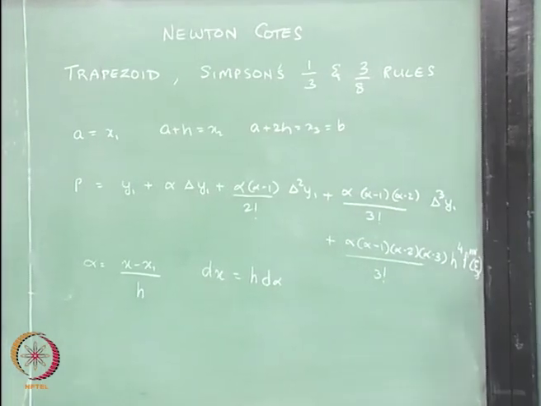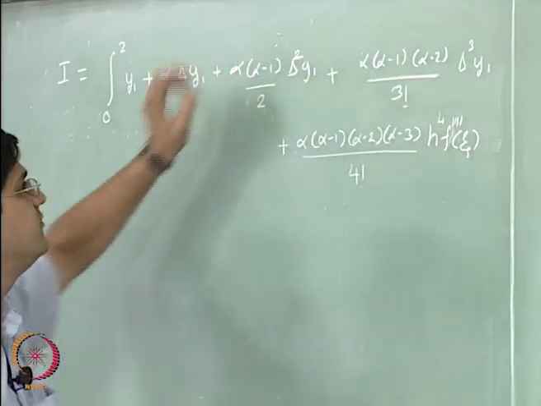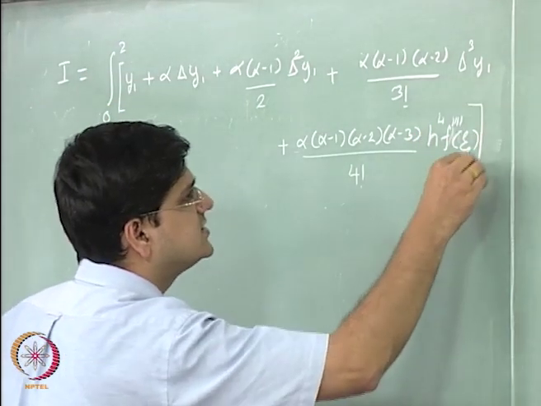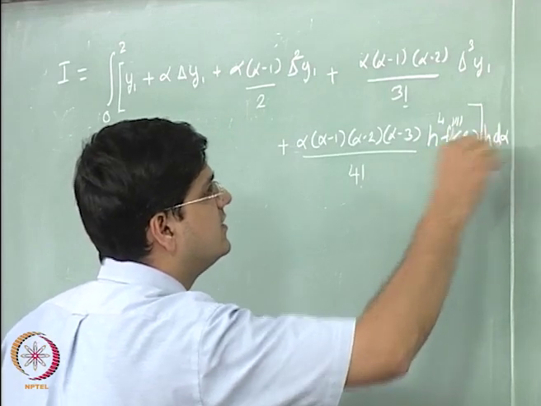I have written that polynomial, and the integral of that polynomial with dx is what our I is, and dx is h d alpha. Okay.